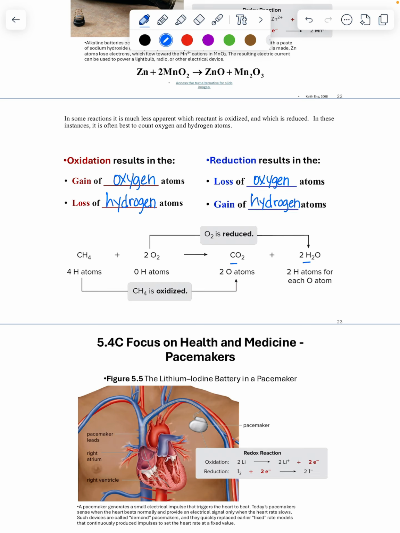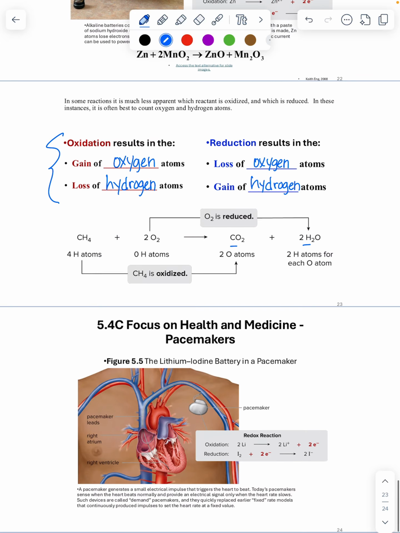Another example of redox reactions, again a battery, but this is a battery that is sometimes inserted as a pacemaker. You may have heard of a pacemaker being implanted in a patient who is having trouble, maybe their heart does not beat on its own as well, and so this is an electrical device that can send an electric shock to the heart and trigger the heart to beat.